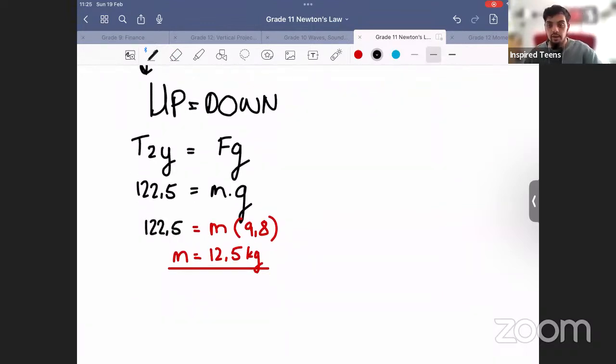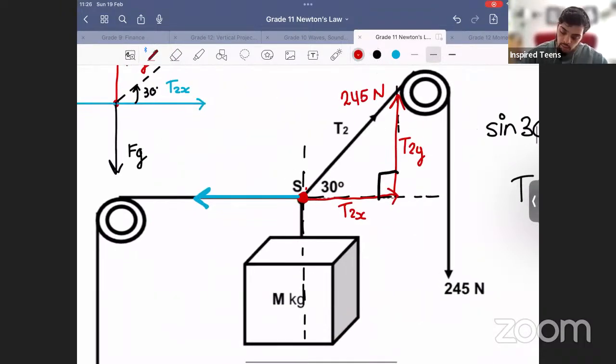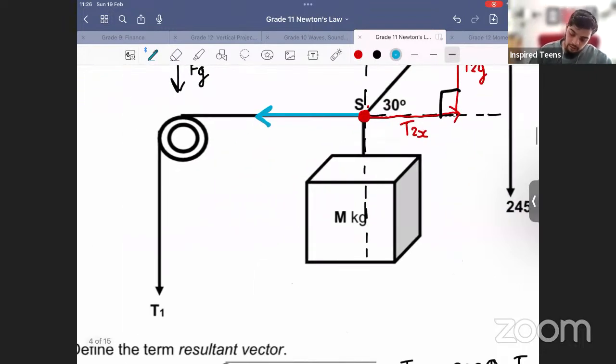There we go. Okay, I think I fixed everything. T1 is shown acting down. Why do we take it as acting horizontally? Because everything we are working with is working from this point, where all the system pulleys are and all the ropes are connected. It's a continuous tension along this route.